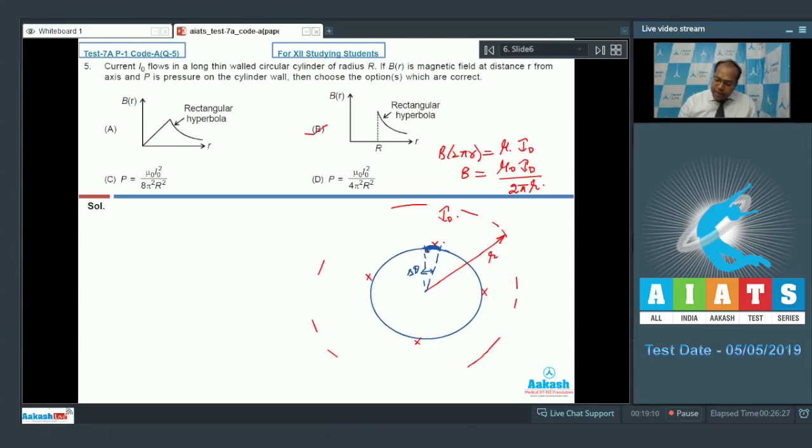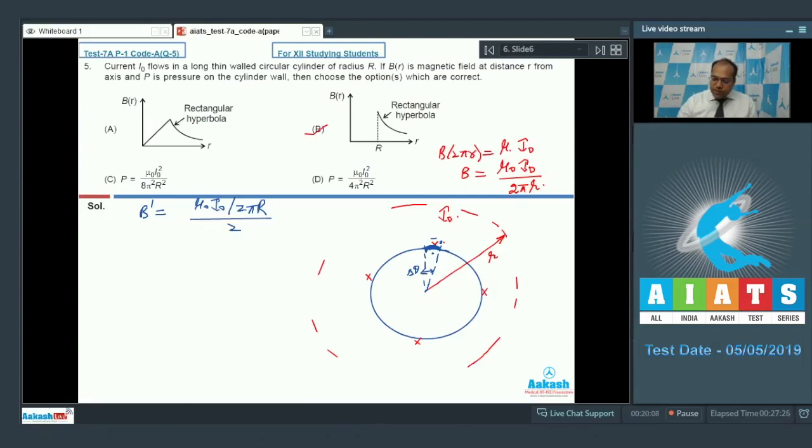At this point the magnetic field is 0, and at this point the value of the magnetic field would be mu naught I naught divided by 2 pi R. So the magnetic field due to the remaining portion is B dash, equal to mu naught I naught divided by 2 pi R, divided by 2.